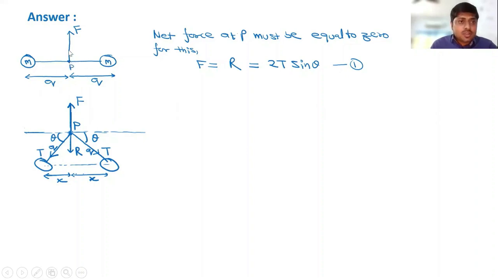Now you pull the string from this center by applying a force F in the upward direction. After pulling in the upward direction, you reach a state when the separation between the two particles along this horizontal direction becomes x from the center, or 2x from each other.